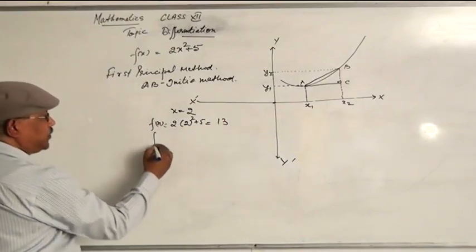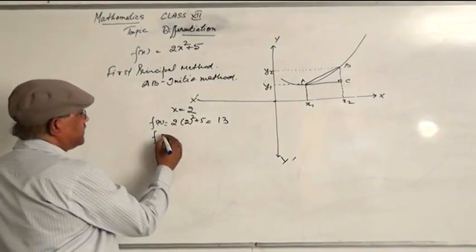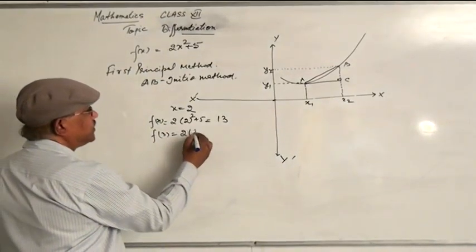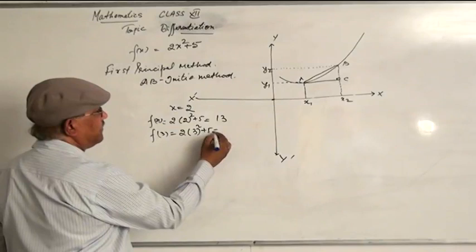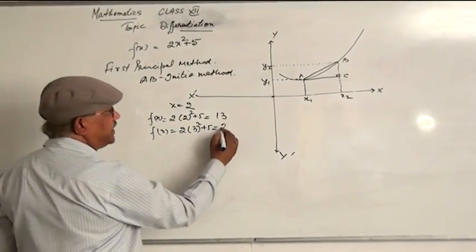If we change the value from 2 to 3, f(3) will be 3 square plus 5, which is 9 twos are 18, and 5, 23.